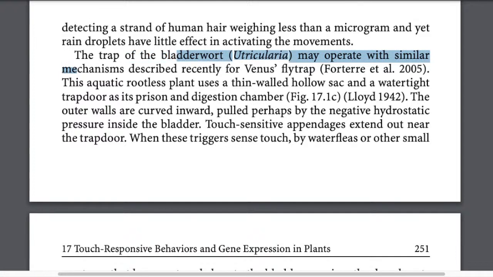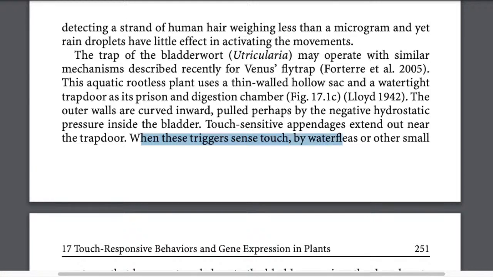The trap of the bladderwort may operate with similar mechanisms described recently for Venus flytrap. These aquatic rootless plants use a thin-walled hollow sac and a watertight trapdoor as its prison and digestion chamber. Outer walls are curved inward, pulled perhaps by negative hydrostatic pressure inside the bladder. Touch-sensitive appendages extend out near the trapdoor.